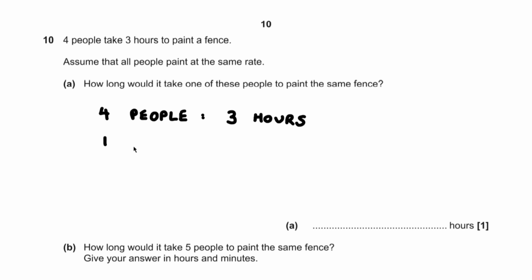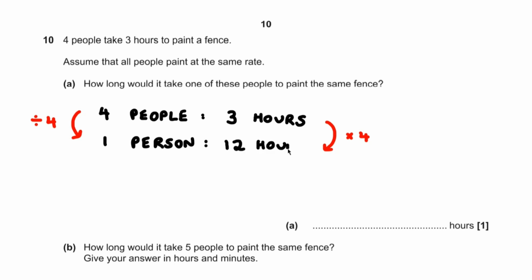So to find out how long one person takes, well, if here I divide by 4, what I need to do here is times by 4, because they take 4 times longer for one person, which is 12 hours.